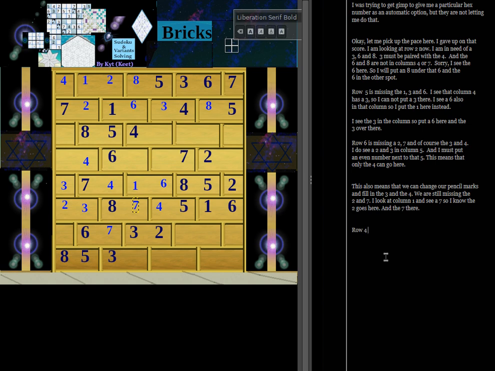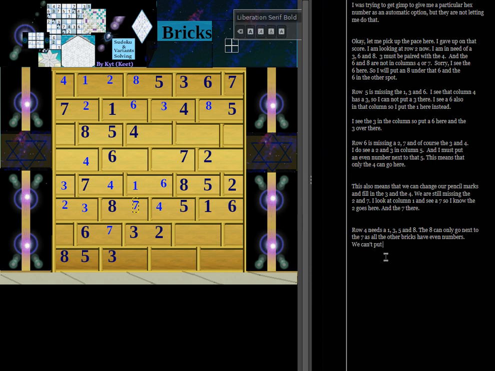Row 4 needs a 1, 3, 5, and 8. The 8 can only go next to the 7, as all the other bricks have even numbers.